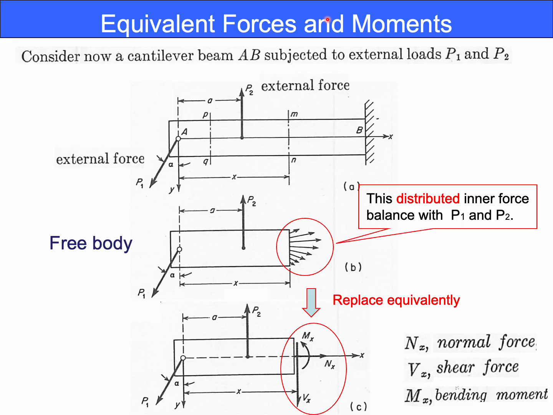Once external reactions are found, we turn our attention to the internal mechanics using the concept of equivalent forces and moments. When a beam is loaded, internal stress is required to transmit the load along its length and maintain structural integrity.